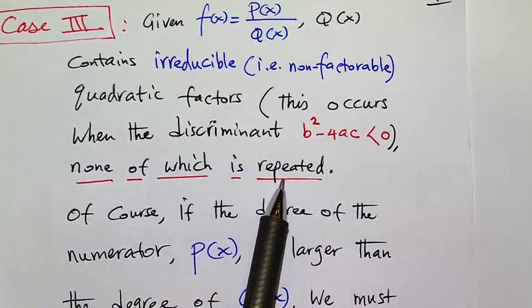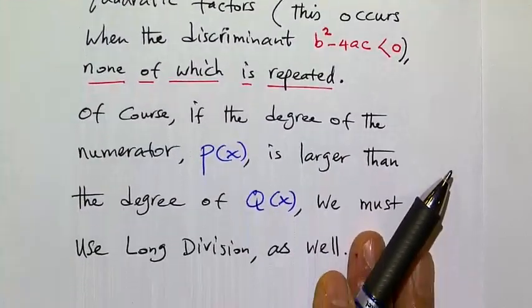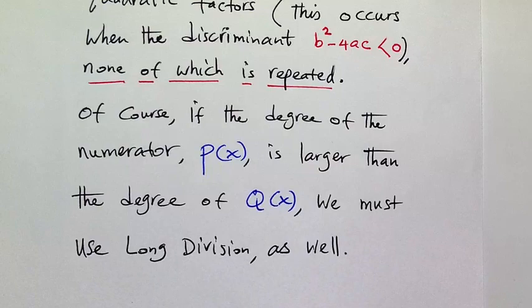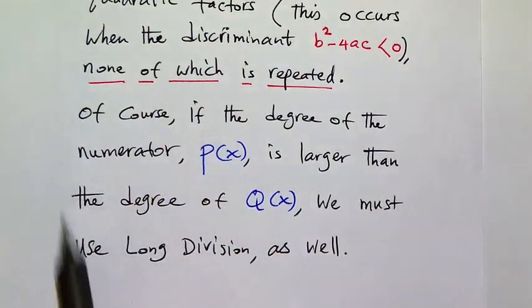When b squared minus 4ac is less than 0, that's when we cannot factor the quadratic equation, none of which is repeated. So they cannot be repeated, of course. If the degree of the numerator p of x is larger than the degree of q of x, we must use long division as well. So the purpose of this piece is just to remind you to check the degree of the polynomial in the numerator and the degree of the polynomial in the denominator.